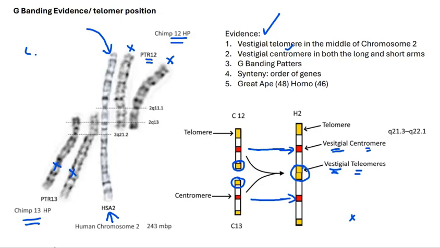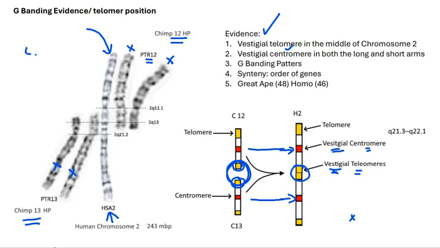It has its own centromere for use in human cell division. And so we have these ancient artifacts, vestigial structures, which reflect the telomeric fusion process, which occurred between chromosomes 12 and 13.